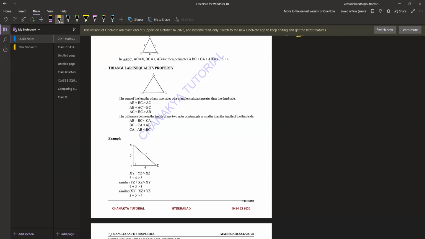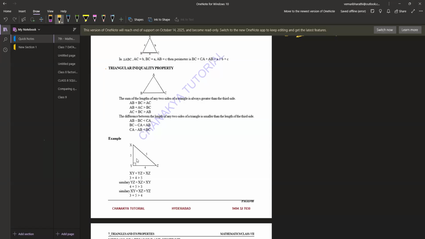Any two sides you take, whether you take x and y together or y and z together. 3 plus 4 is 7, which is greater than 5. True. Similarly, 4 plus 5 is 9, which is always greater than 3. Similarly, 5 plus 3 is 8, which is always greater than 4.